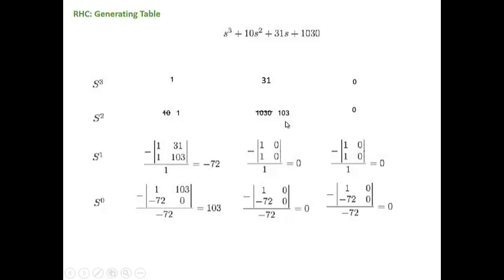So 1 darab dengan 103 tolak 31 darab dengan 1, divide by 1. Jangan lupa the negative sign here, you akan dapat negative 72. Okay, so bila you dah dapat semua ni, you dah fulfill all the empty boxes inside your table.